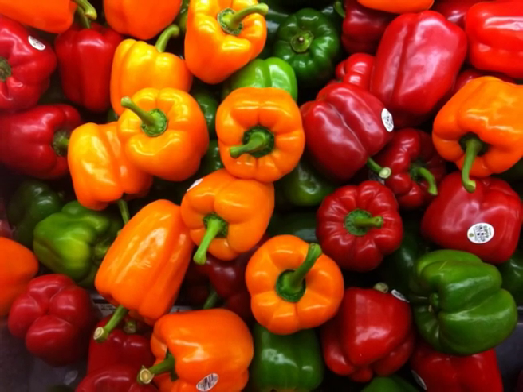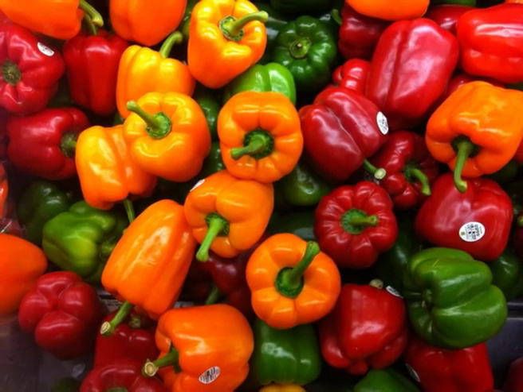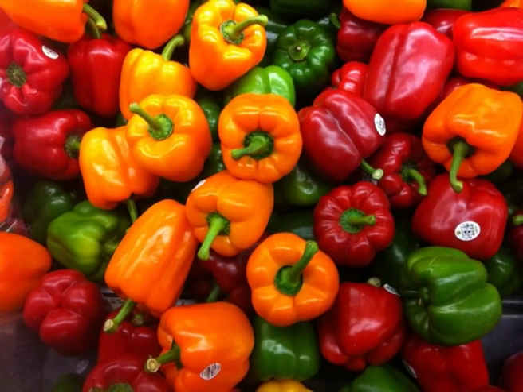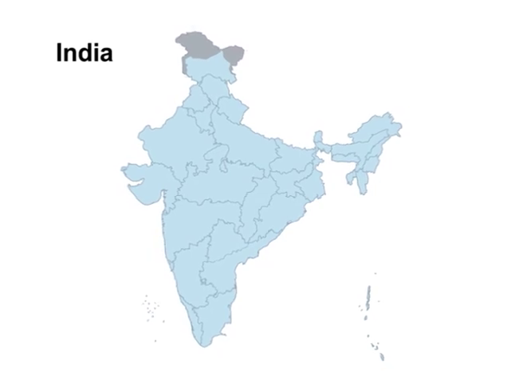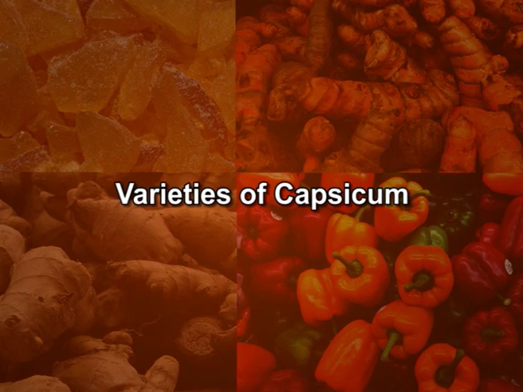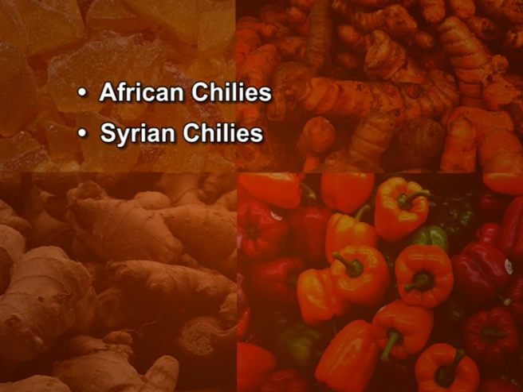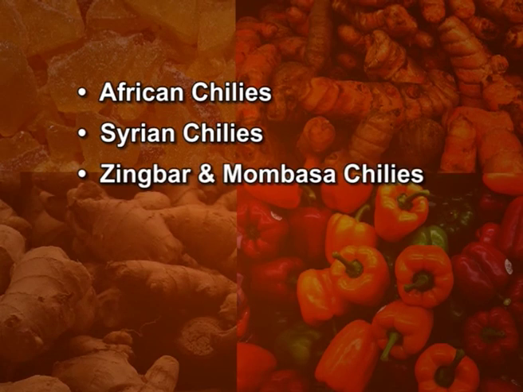In India, although capsicum or chilies is grown throughout the country, it is grown on a very large scale in Andhra Pradesh. There are varieties of capsicum and I would like to discuss these. There are 5 main varieties of capsicum available in the market: African chilies, Syrian chilies, Zanzibar and Mombasa chilies.